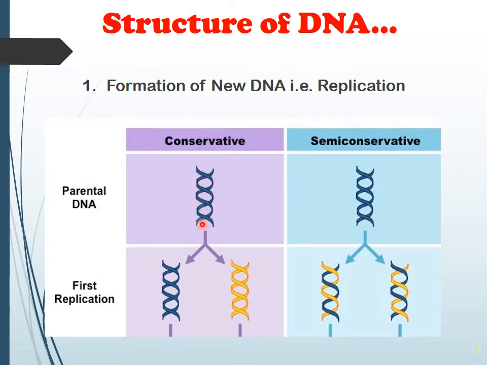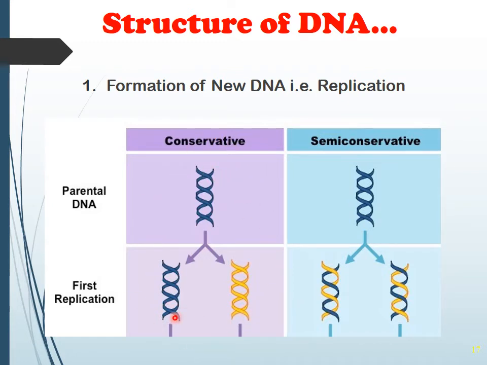Once they separate, exactly opposite to them a new strand will form, and when that new strand is formed, both strands will separate. So in the conservative mode of replication, you can see 2 copies of the same DNA are formed, but the older strands rejoin, and the newer strands separate and form a separate copy of DNA. This is called conservative.